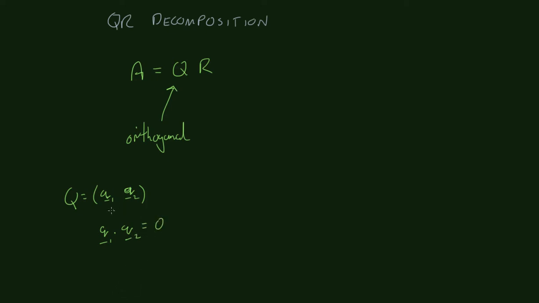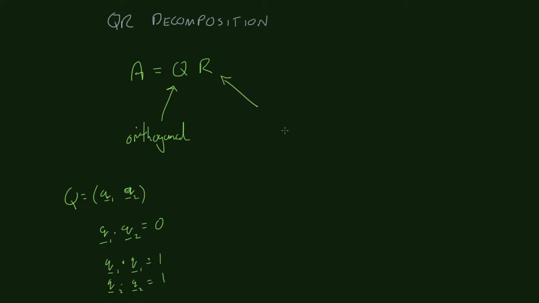So essentially all of the vectors in Q are perpendicular to each other. Furthermore, each vector in Q is a unit vector, so Q1 dot Q1 is equal to 1, and Q2 dot Q2 is also equal to 1. So that's what we mean by orthogonal.